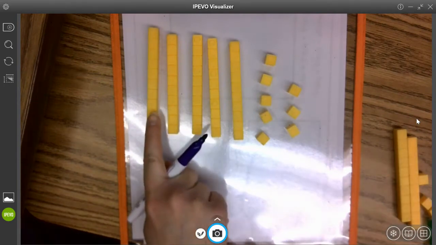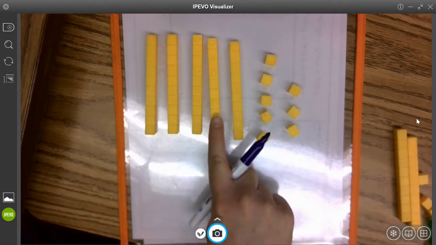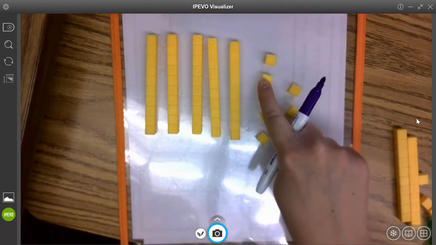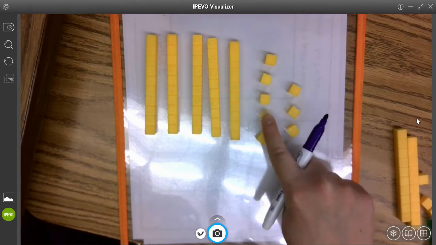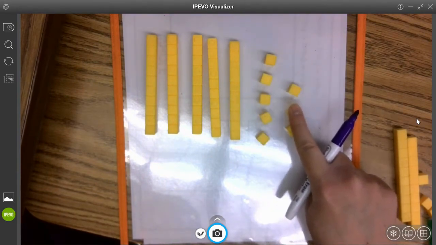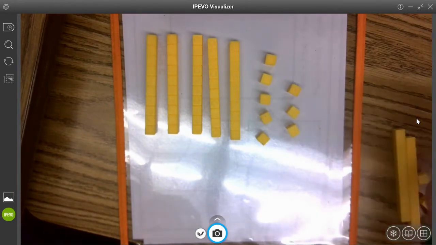Okay, let's try another. Oh, and actually, let's count that together. Ready? 10, 20, 30, 40, 50, 51, 52, 53, 54, 55, 56, 57, 58. Okay, now I'm going to add to this.